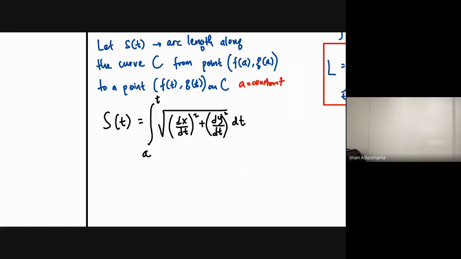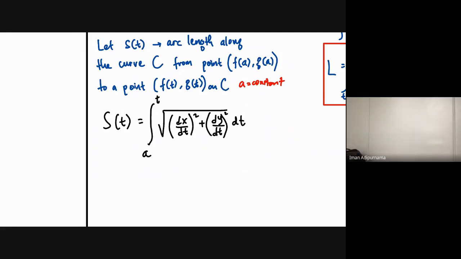And why am I writing s instead of l for length? Because, as usually in physics, if you measure a distance, you have a function of distance. When you differentiate it, you will have the velocity, the speed.